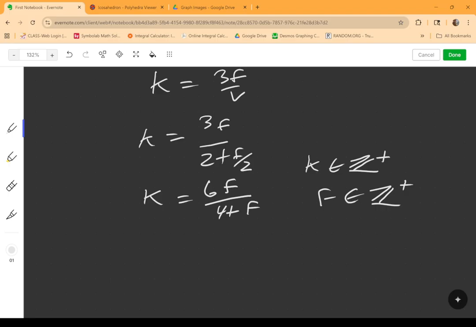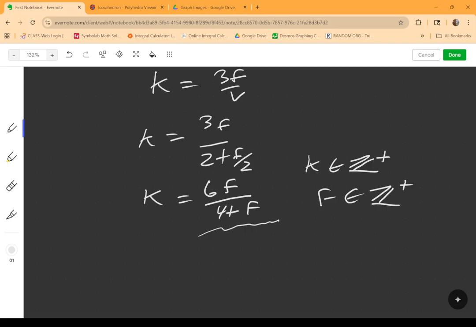And if we think of it, I can generate this shape with triangles to be an infinite number of faces. I can make it bigger and bigger, but I'm really bounded by this formula here. As f gets larger and larger, possibly infinitely large, k can only get as high as 6.